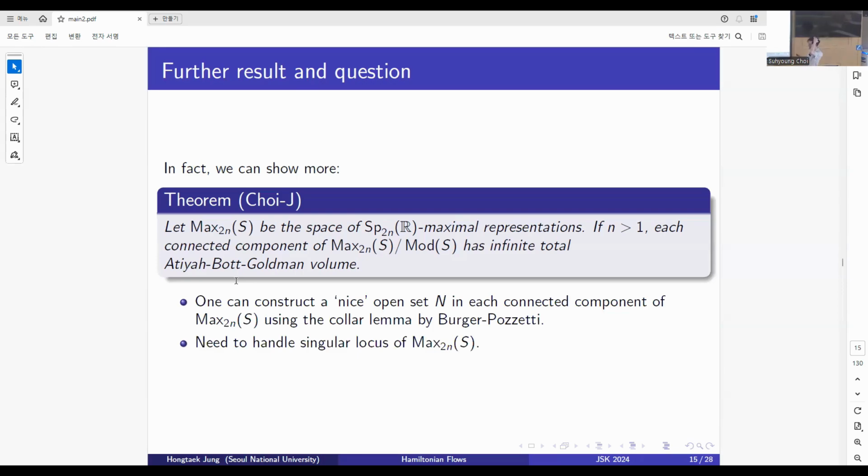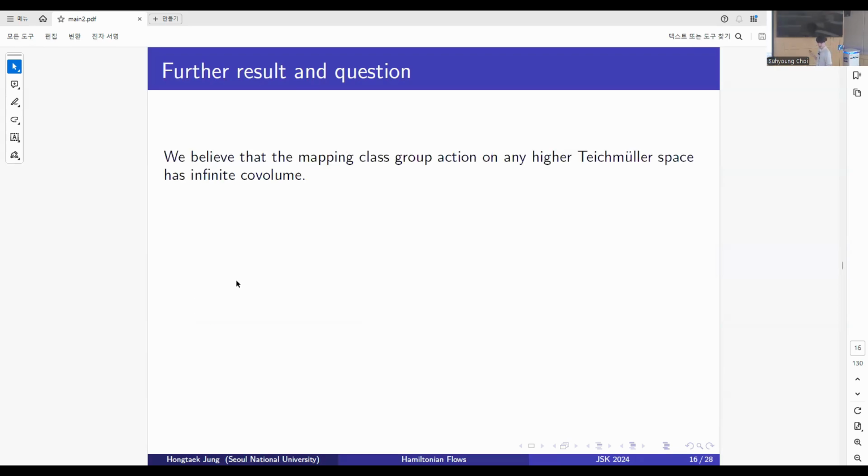But again, unlike the Hitchin case, maximal representations have some singular points, a lot of singular points actually. So we need to handle this subtlety a little bit. There are some difficulties, but we can overcome this by analyzing the singular points a little bit. So we can prove this.